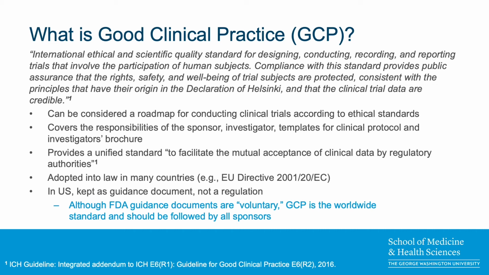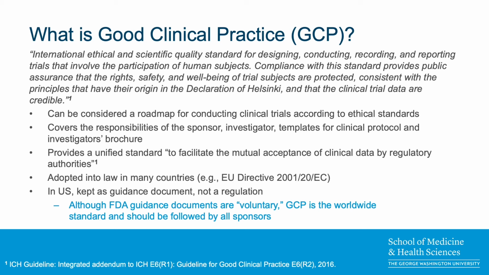So this is our roadmap. It applies to both the sponsor and the investigator, has a detailed template of the clinical trial protocol, which is what we're going to be discussing in the next 2 weeks, and provides a unified standard, and that is to facilitate acceptance by regulatory authorities.